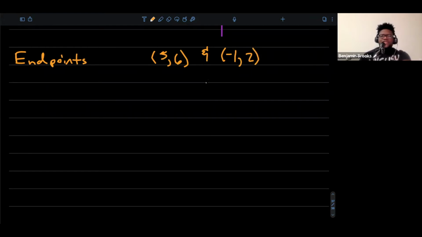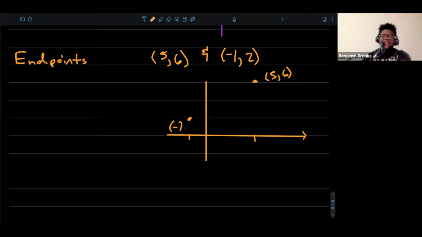So visually, the way I like to think about this is we've got the point (5, 6), which should be maybe out here somewhere, and we've got the point (-1, 2), which is probably right here somewhere. And you're trying to find the center and the radius between these two endpoints. Here's your circle, kind of, sort of.